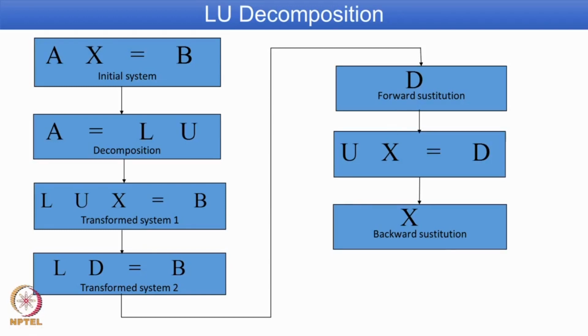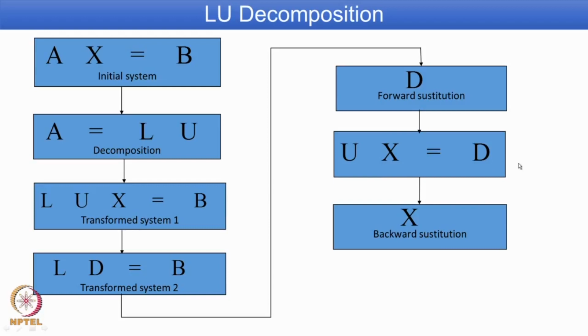Now, initially we defined Ux equal to d and we rewrite it here. In this, d is known because we got it from the previous set Ld equal to b. Now x is an unknown variable column vector and U is an upper triangular matrix. So when we do the product, that should be equal to the d column matrix.